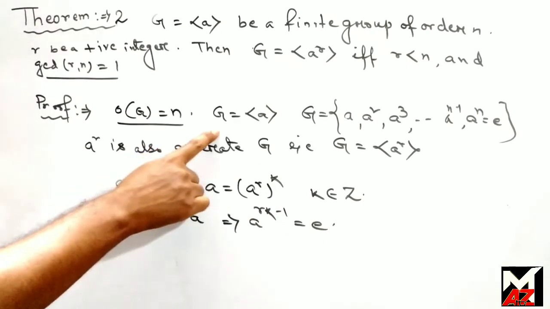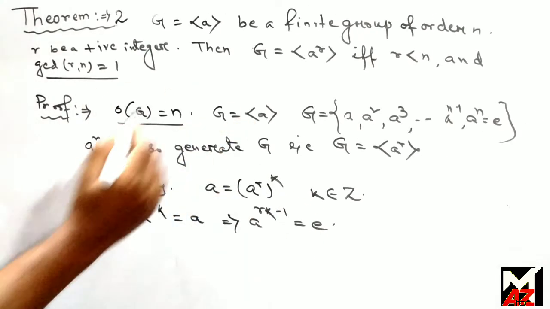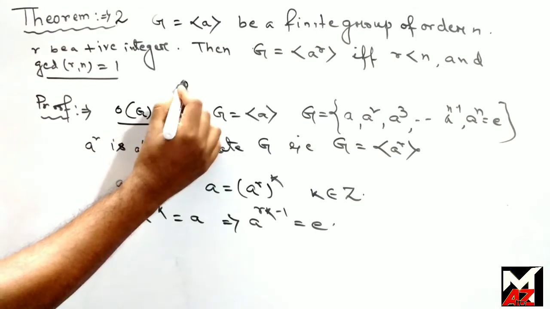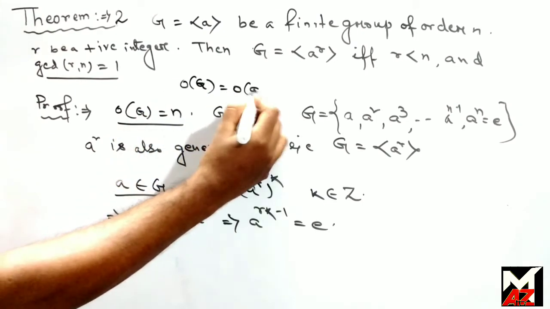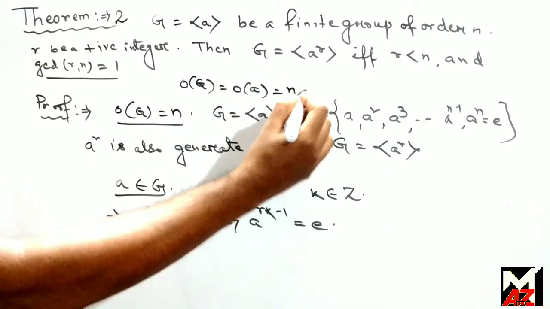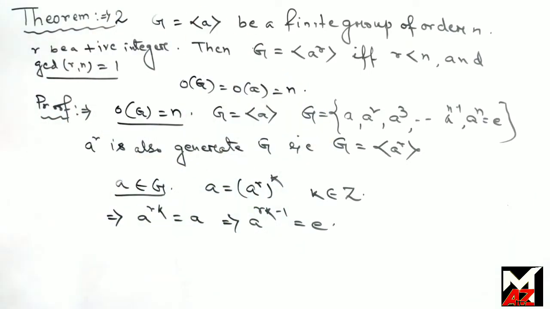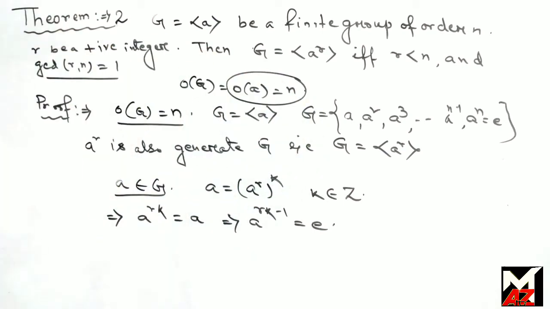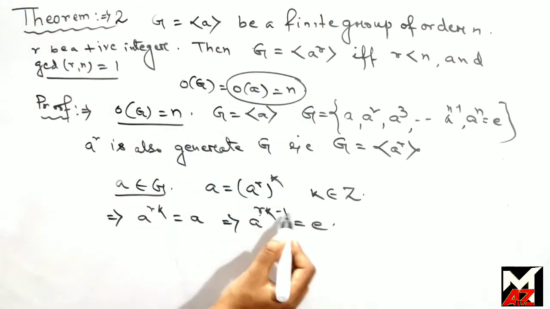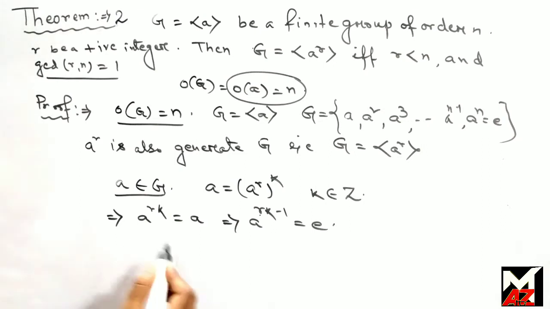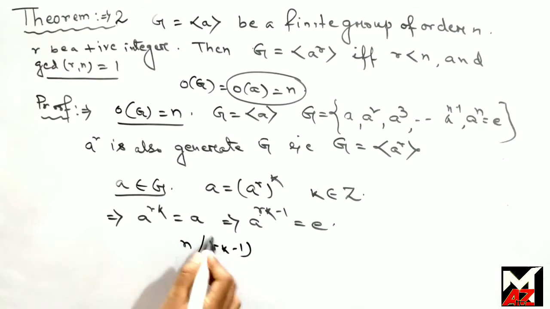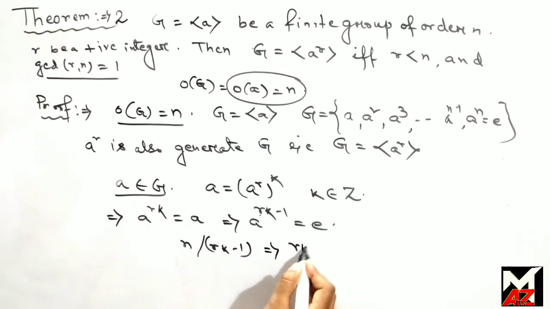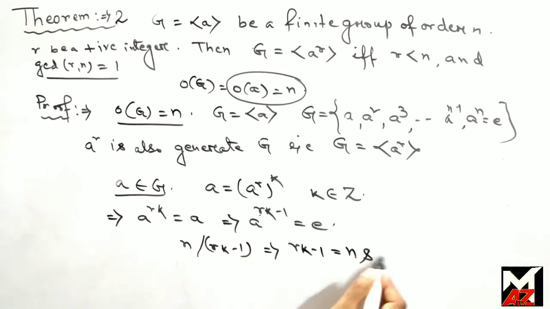Since G is generated by a, so we know that order of G and order of a are both equal and this is equal to n. And since order of a is equal to n and a to the power rk minus 1 is equal to e, so we must have n divides rk minus 1. And we let rk minus 1 be equal to ns.